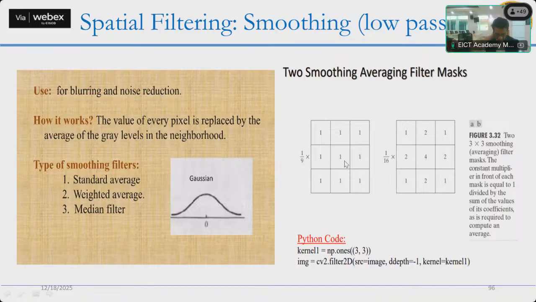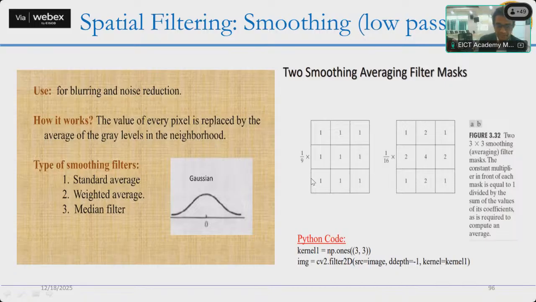And then this is one type, the standard average filter. This is the weighted average filter. Here we observe that we want to get different types of weights, right? What we are doing in both cases is normalizing the value, 1 by 9. What will happen by doing this is we will directly be able to see the impact in that range only, right?